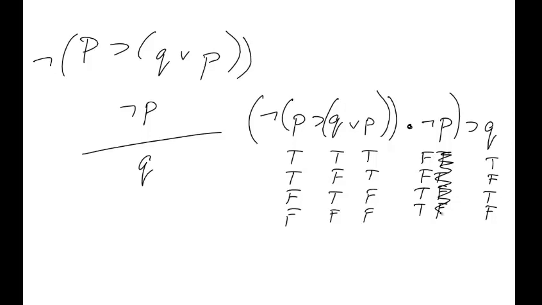And let's do the inside stuff here. So we look at the innermost. The parentheses show us what the innermost is over here. We should have started there, I guess. Q or P, we should know it's TTTF, but let's go ahead and do it. T and T, it's true. F and T is true. T and F is true. And F and F is false.